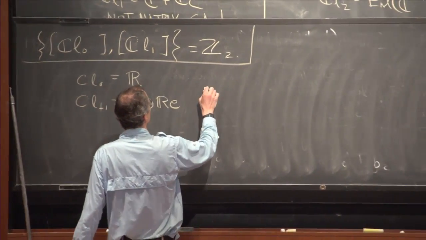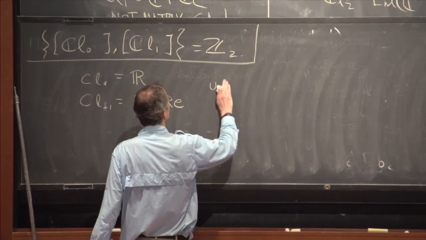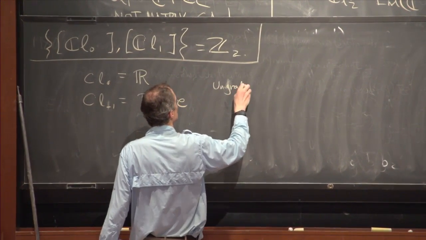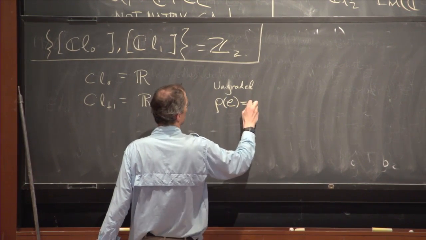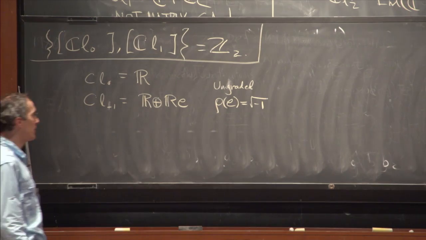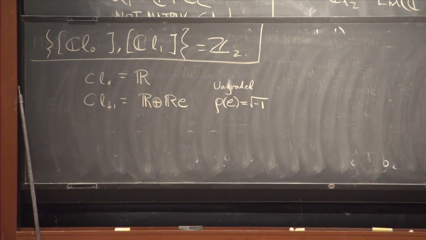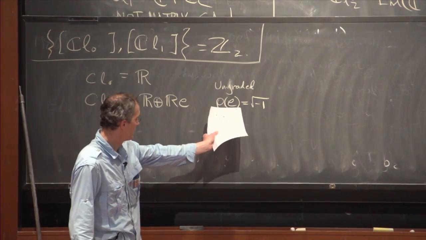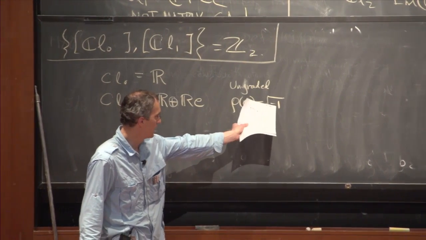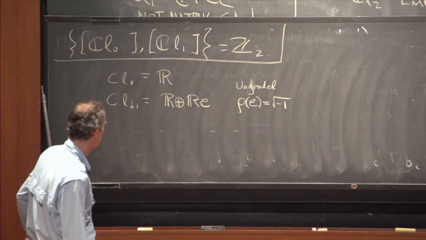As an ungraded algebra, well, we have a representation, an irreducible representation, where rho of e is the square root of minus 1. Okay, we're violating the grading rule because this is an even number and e is an odd generator.